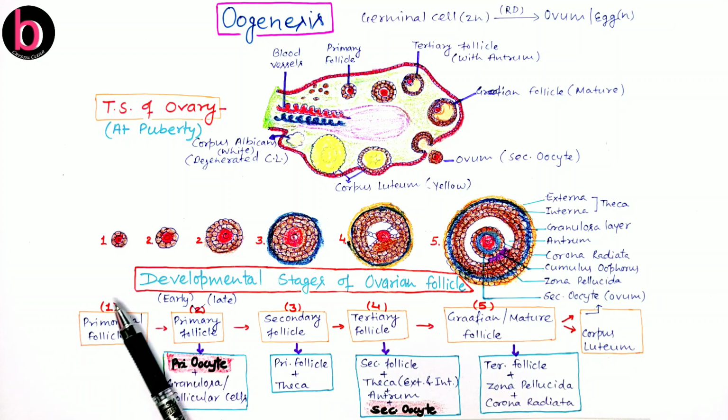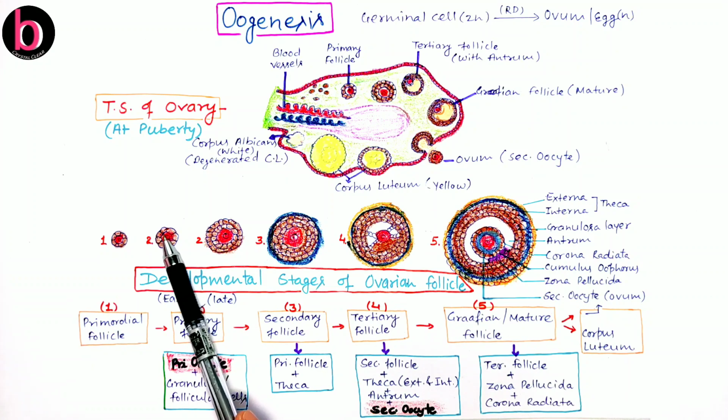Now this primordial follicle, after mitotic division, is converted into the primary oocyte. This is related to oocytogenesis, we can say. Here there is a cytoplasmic increase. In this diagram the central portion is the primary oocyte, and later this primary oocyte is coated with a number of granulosa or follicular cells.